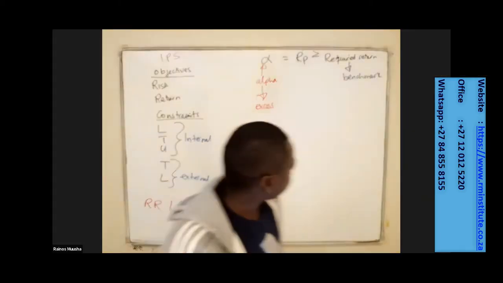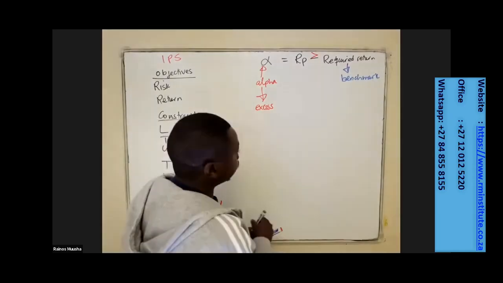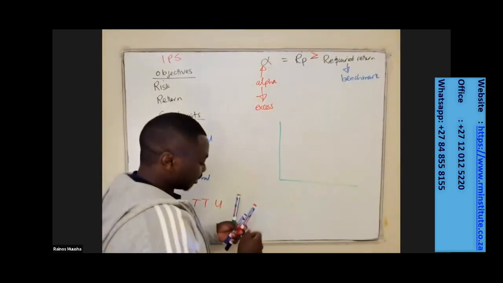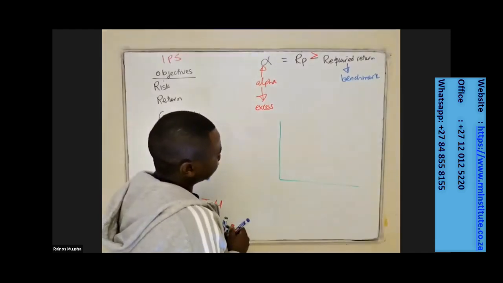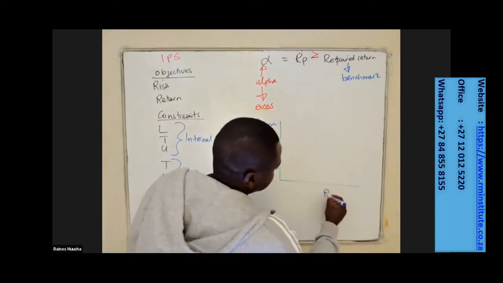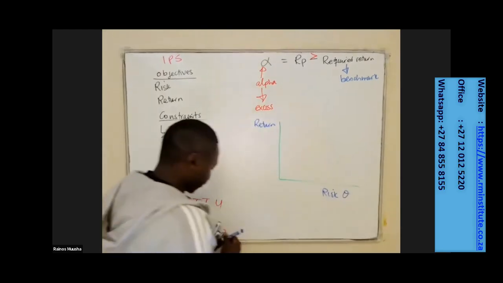So when you look at your efficient frontier, if you still remember from undergrad, you have a graph which shows you the relationship between return and risk as measured by standard deviation.